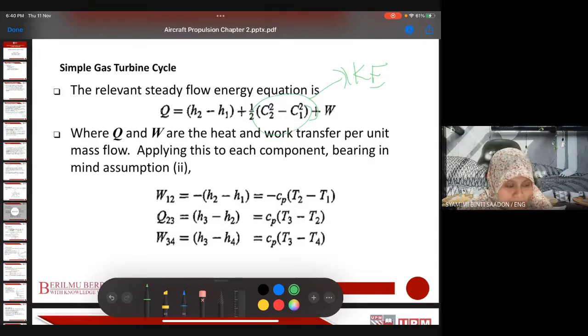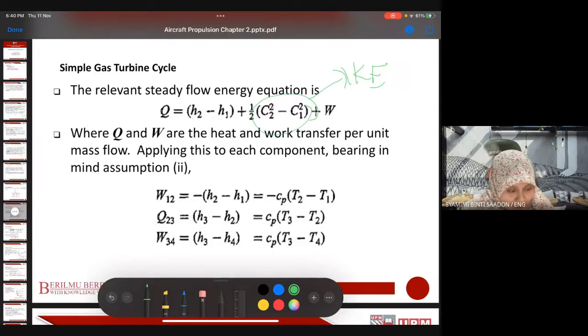So we can apply this steady flow energy equation to each of the components. For the compressor, for example, 1 to 2 is the compressor, from state 1 to state 2, with the six assumptions that we made just now for the ideal cycle.